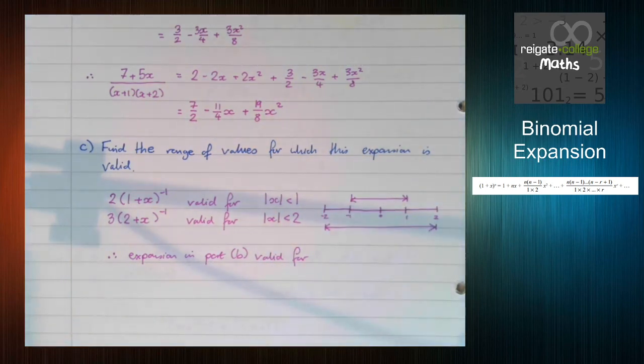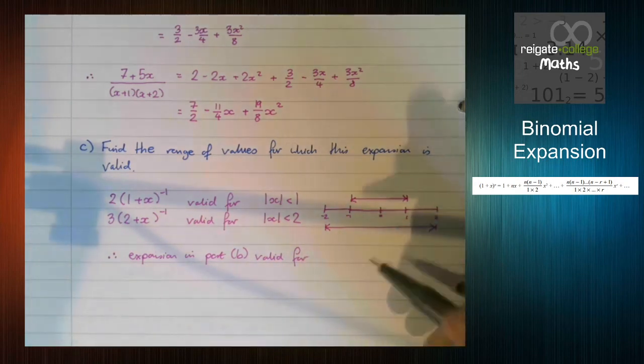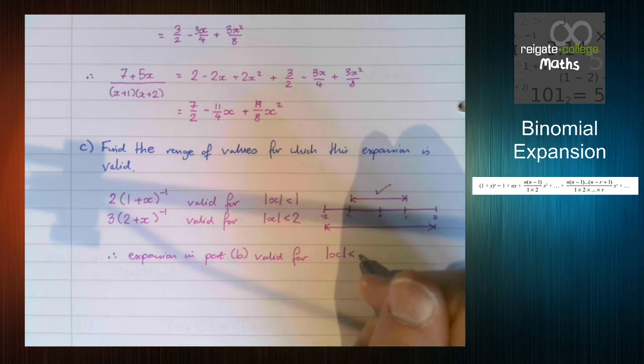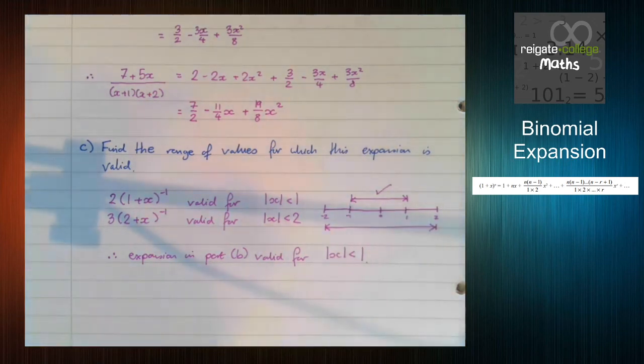We need to write down the interval where these overlap, which is this one. Very simply, you pick the smallest number. And that's it. That's binomial expansion with partial fractions.